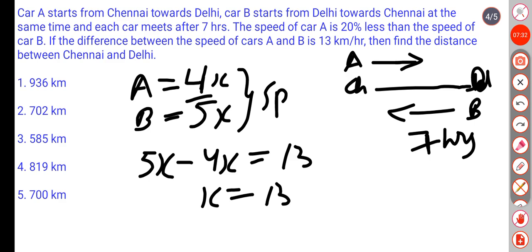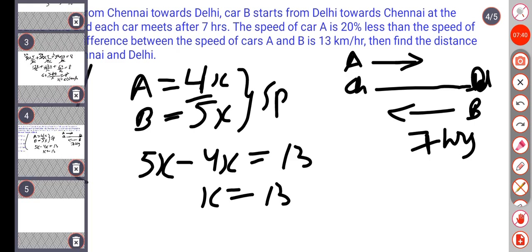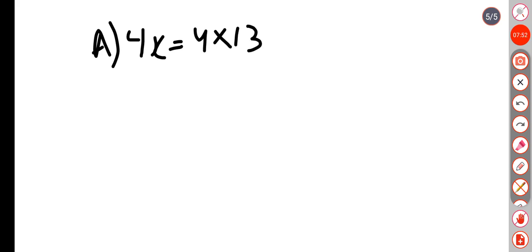So from here, you got x as 13. Now we can find the speed of A. So your A was 4x, that means 4 into 13, 52 km/h.